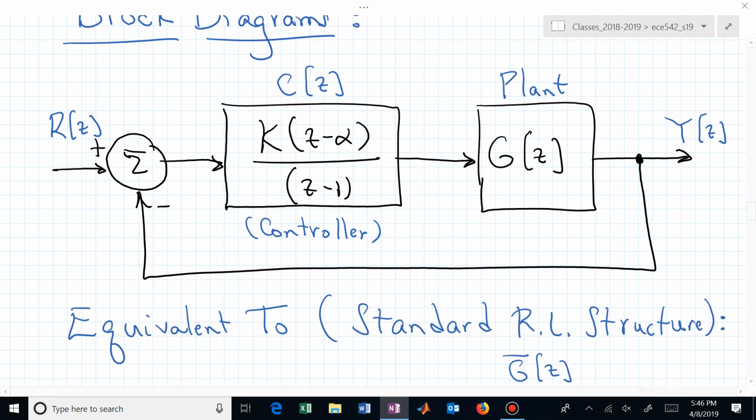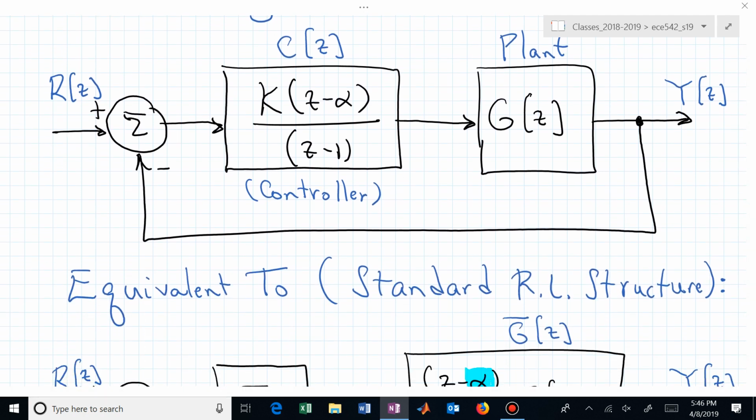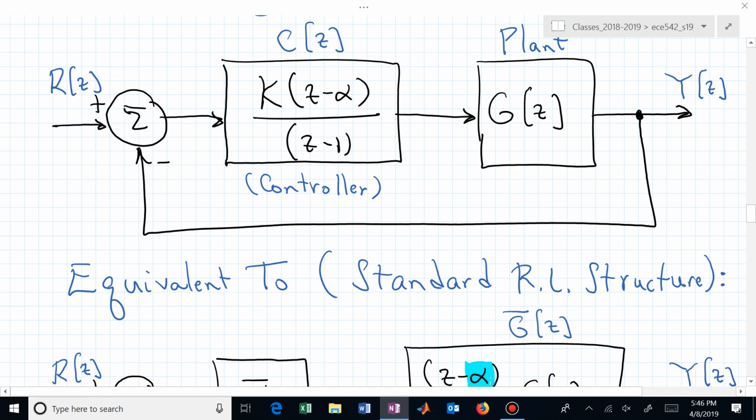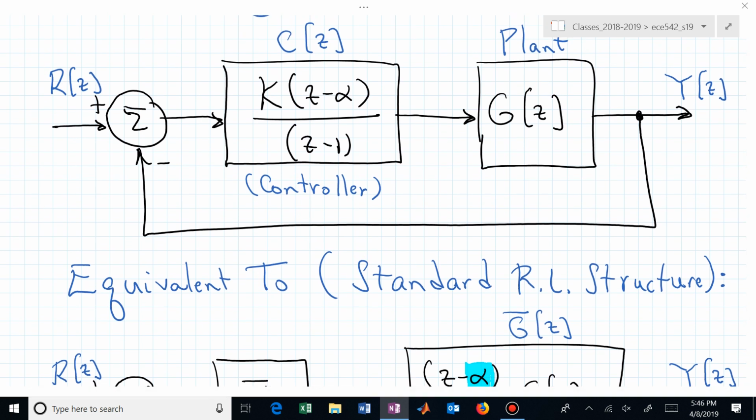We can now convert that into our standard root locus structure by sliding that zero factor and the pole factor into the block with the plant, so that we've now created a G bar.